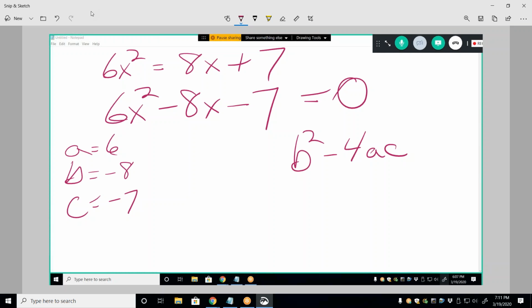So -8 squared minus 4 times 6 times -7. Okay? Or parentheses -7. How do we simplify this? Start with -8 squared.